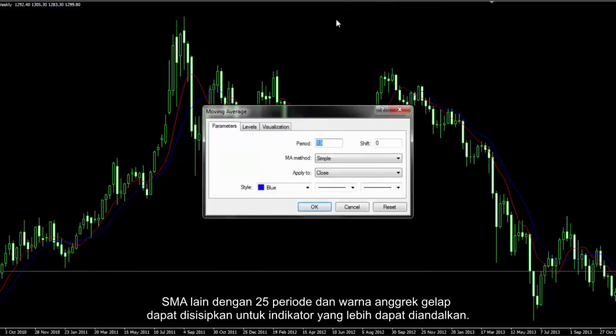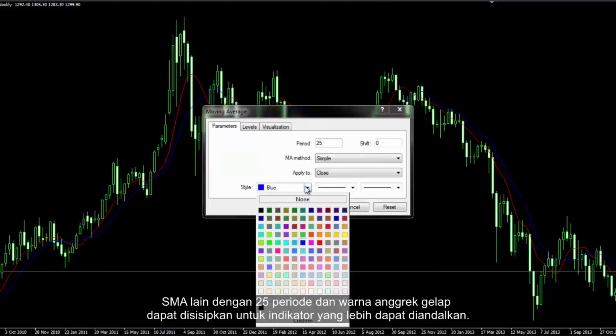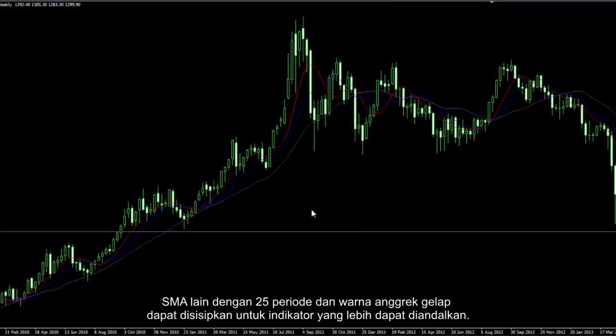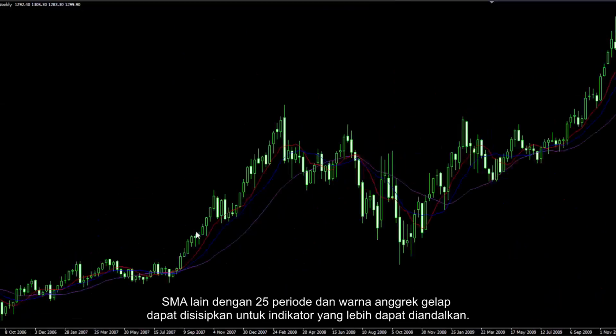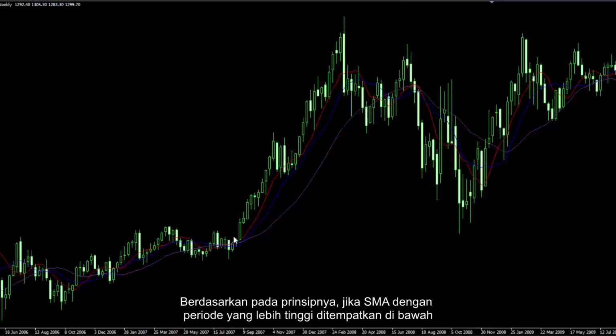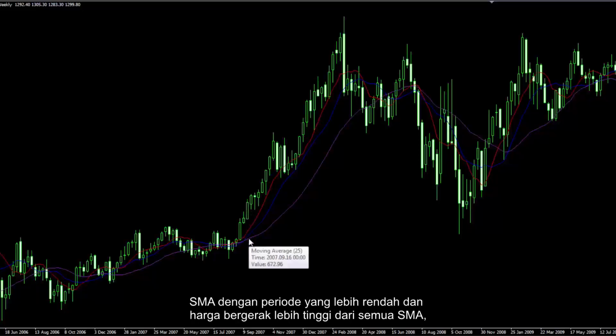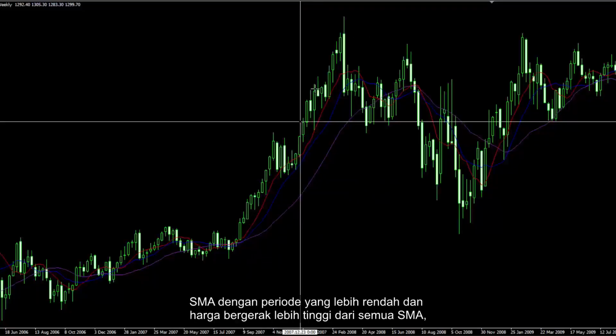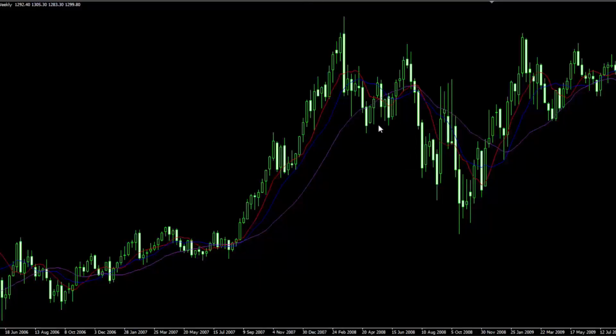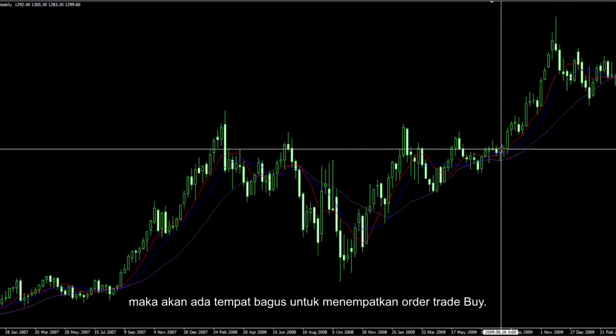Another SMA with 25 periods and dark orchid color can be inserted for more trustworthy indicators. Based on the principle, if the SMA with a higher period is placed under the SMA with a lower period, and the price moves higher than all SMAs, then there would be a good place to order a buy trade.